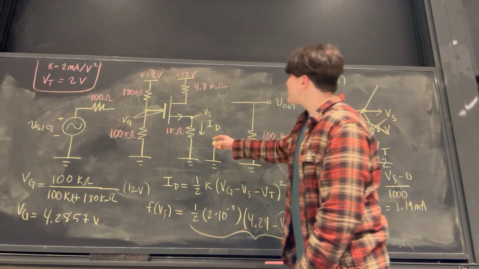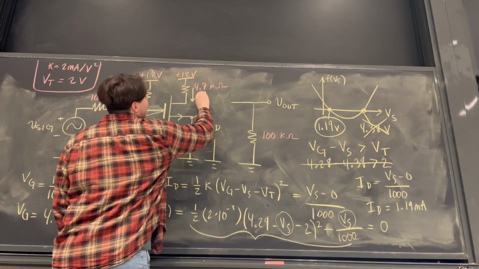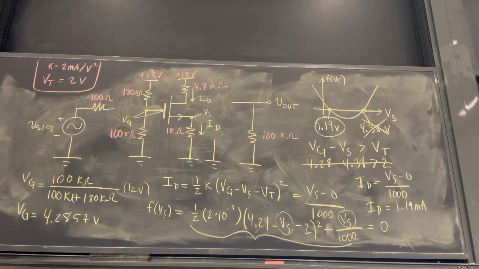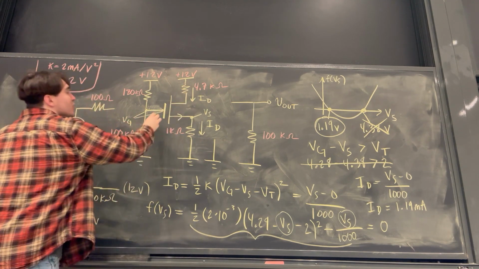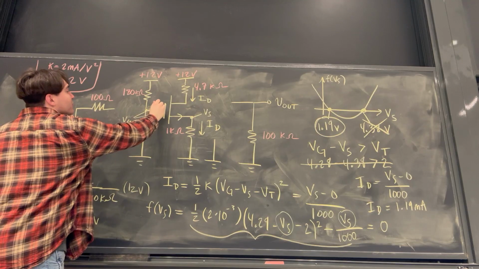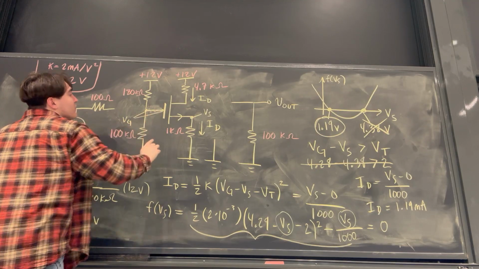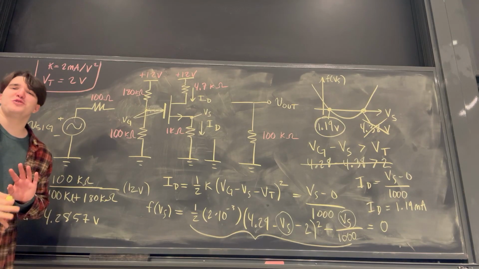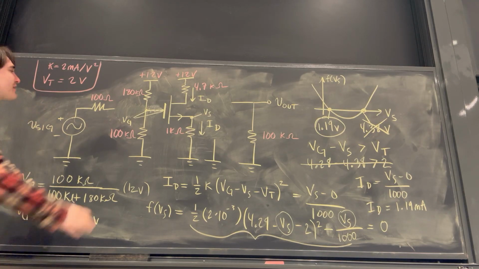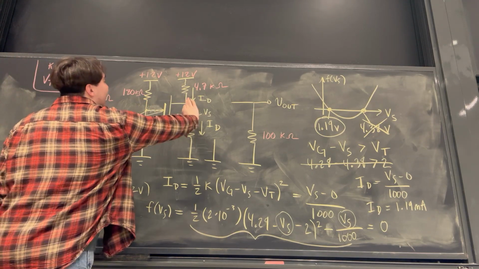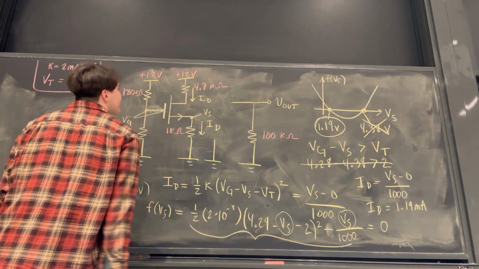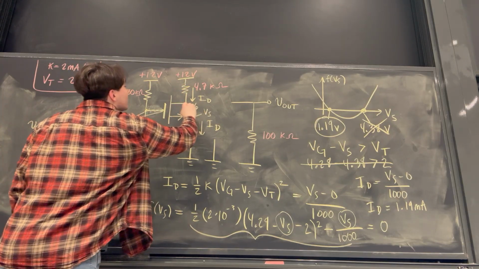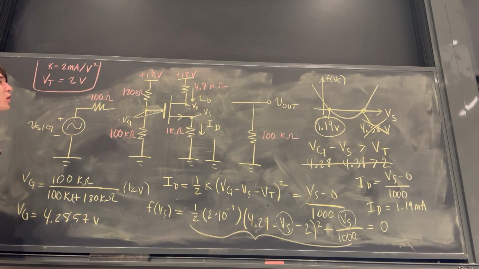And using this current, we also know that this would be ID right there, that the ID would also have to be the current in this upper drain branch because no current can split off through the gate here. This is virtual open, and virtual short, which is kind of strange, but this is virtual open. And so therefore ID has to also be in this branch. So we can then solve for VD, the voltage at the drain node, again using Ohm's law.